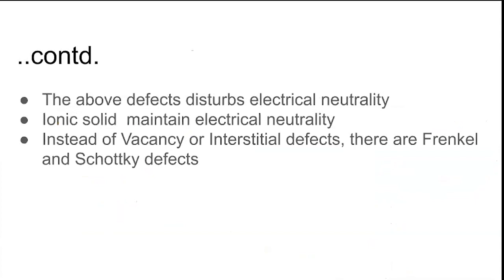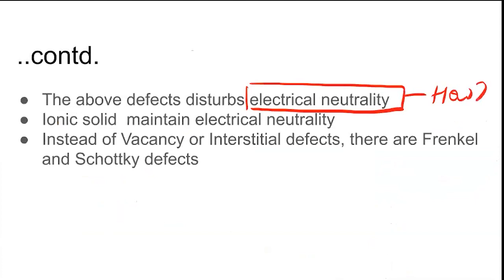What is the effect of the defects? They affect the electrical neutrality. There is a word here, electrical neutrality. How? Like P-type, N-type, where positive charge is increased or negative is increased. Yes.